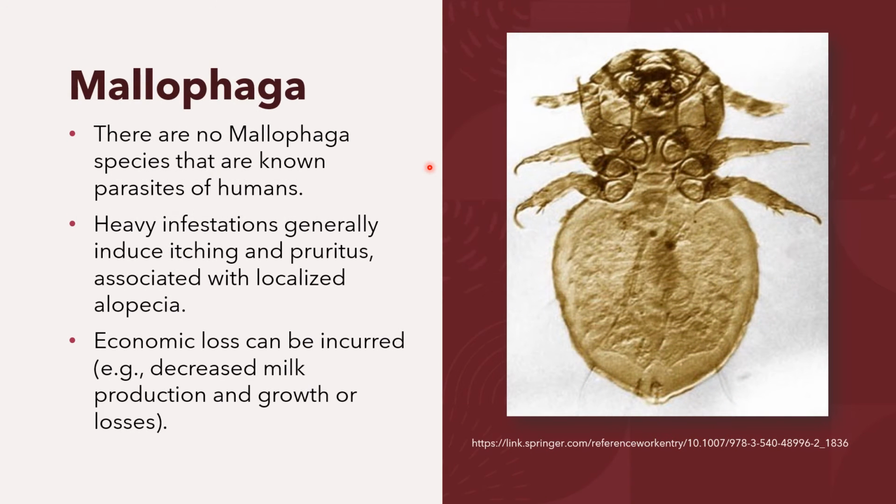For the Mallophaga, or the chewing lice, there are no Mallophaga species that are known to parasitize humans. Heavy infestations generally induce itching and pruritus associated with localized alopecia. Economic losses can be incurred due to decreased milk production and growth, or other losses.